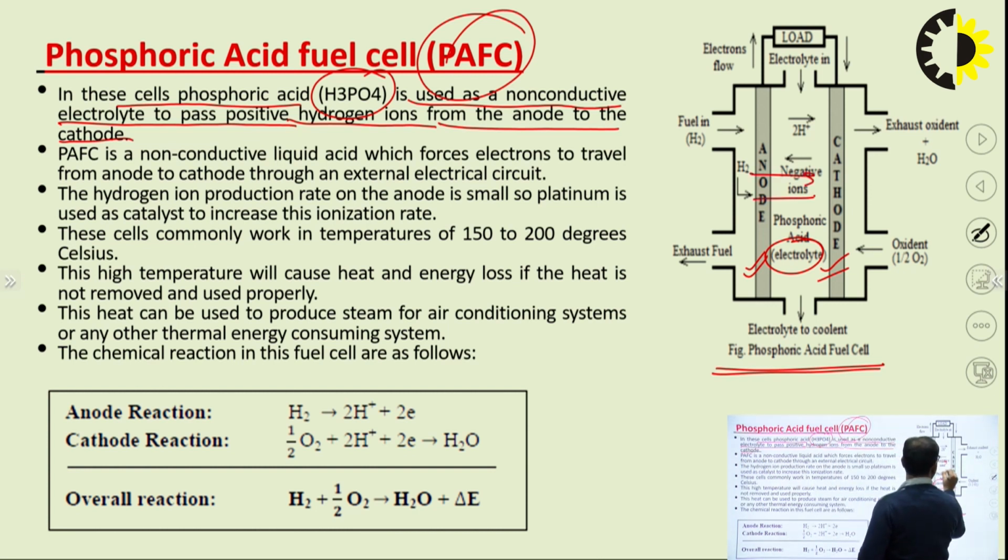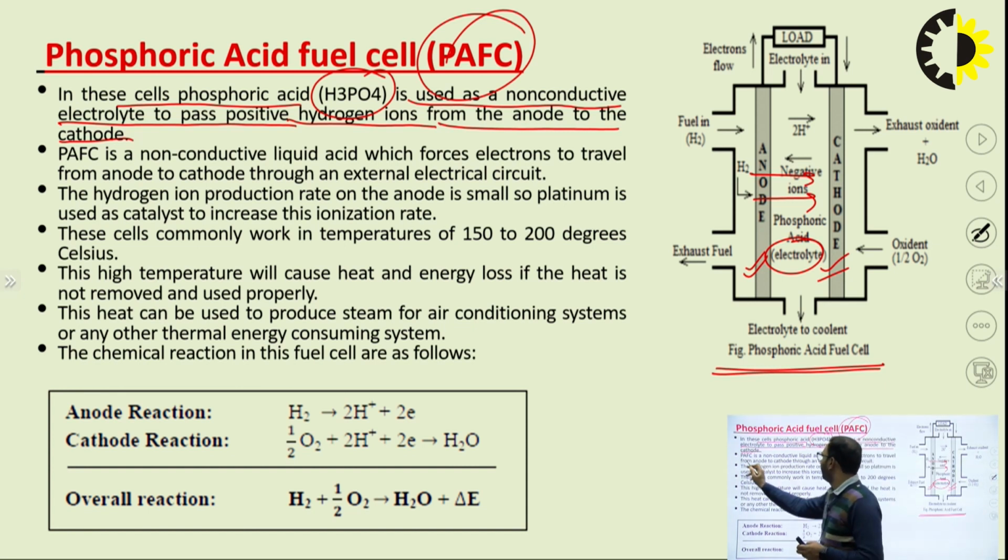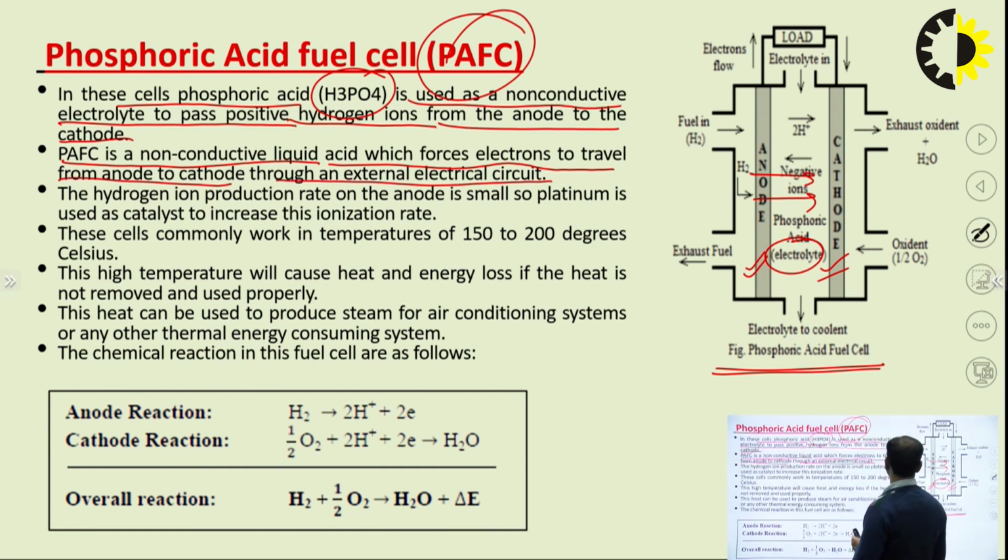It is a non-conductive liquid acid which forces electrons to travel from anode to cathode through an external electrical circuit.